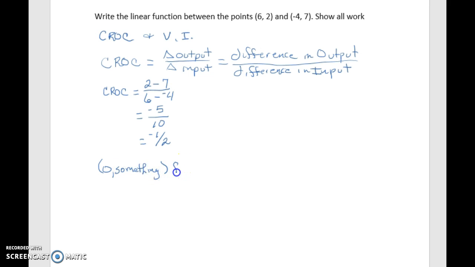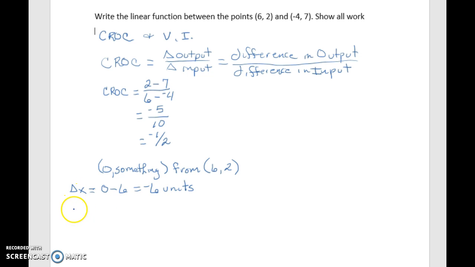And what we're given is, I'm going to use the first point that's given to us, 6, 2 first. So we want to go find 0 something from 6, 2. So the first thing we need to do is find the change in input. And so our change in input is going from 6 to 0, so 0 minus 6, which is negative 6 units, or you could have said you're going left 6 units.